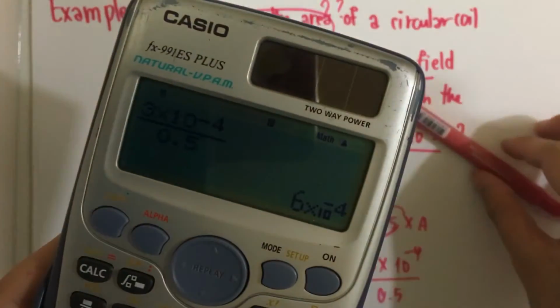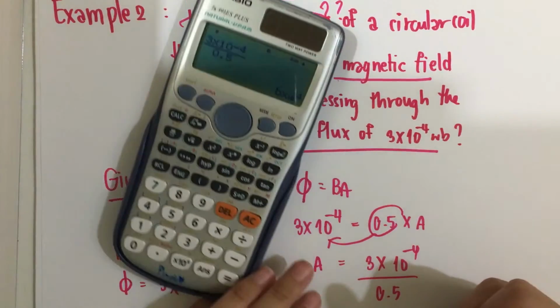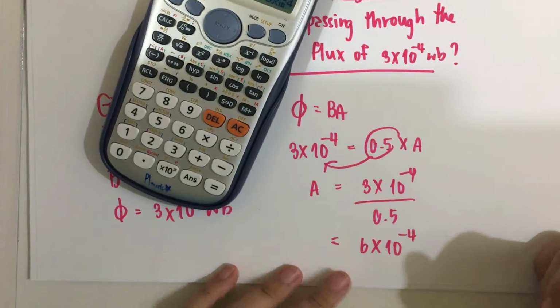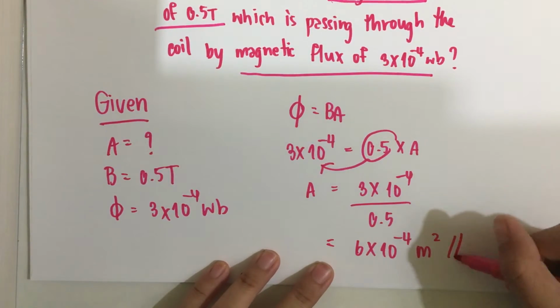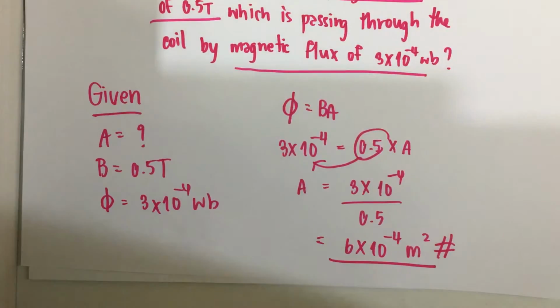The answer is 6 times 10 to the power of negative 4. The unit of area is meter square. This is the answer. Thank you.